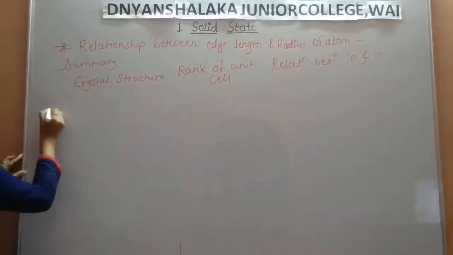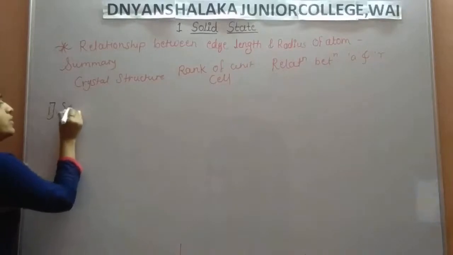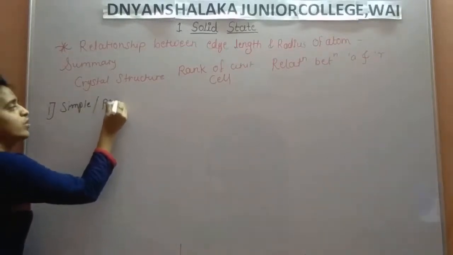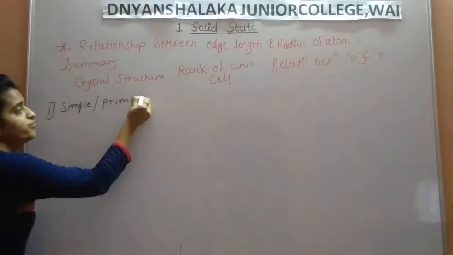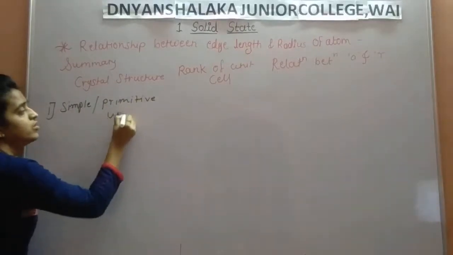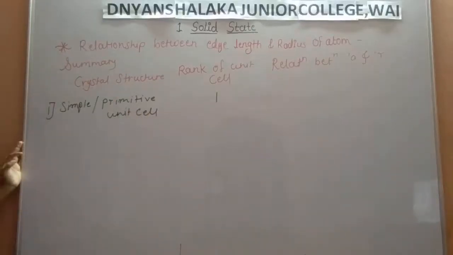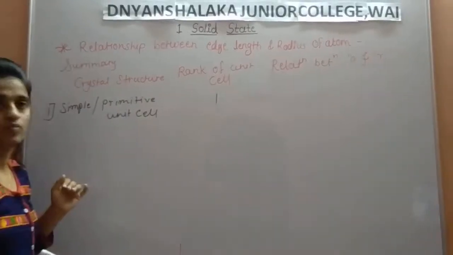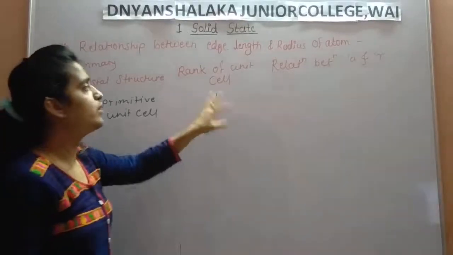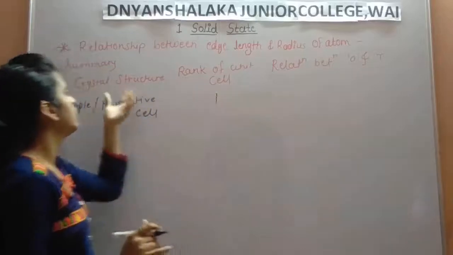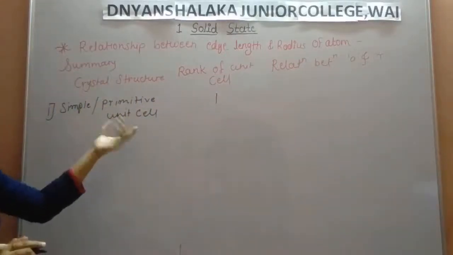So first we see the simple or primitive unit cell. It is also called a primitive unit cell. So for the simple primitive unit cell, the number of particles is only one atom. Means 8 into 1 upon 8, so we get only one atom participating in this unit cell.